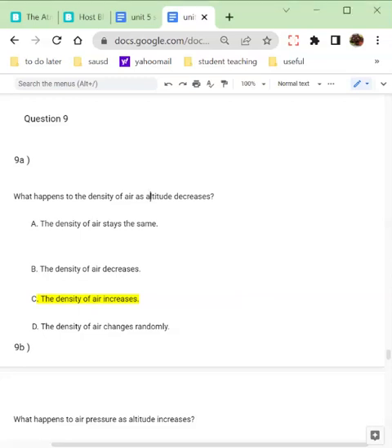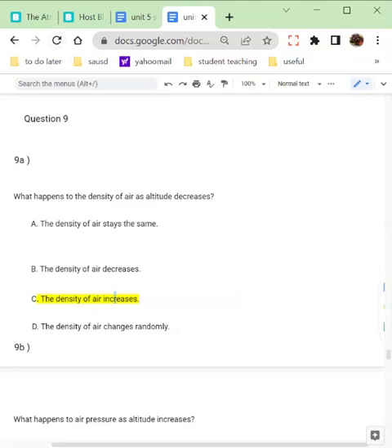But altitude is how high up we are. So if altitude decreases, the density of air will increase. So think of them as opposites too. Let's say we have a change in altitude, like we go up into the mountains, right?